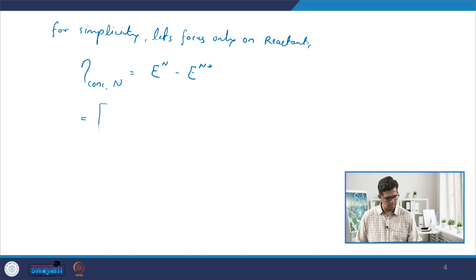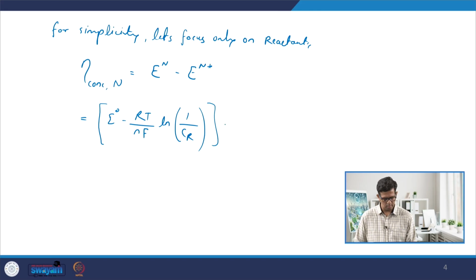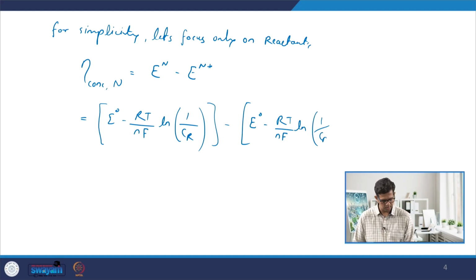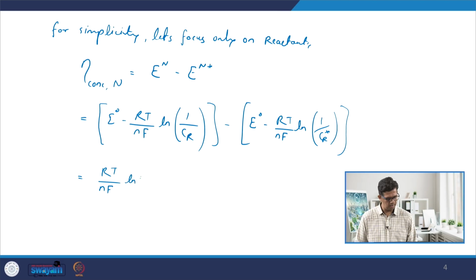So let's write this up: E naught minus RT by NF ln of 1 by Cr, minus E naught minus RT by NF ln of 1 by Cr star. If we simplify this, it comes as RT by NF ln Cr by Cr star.